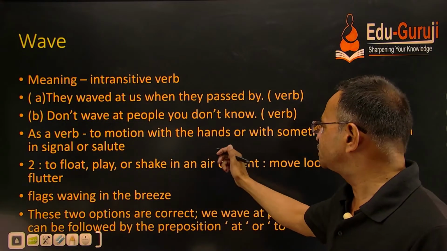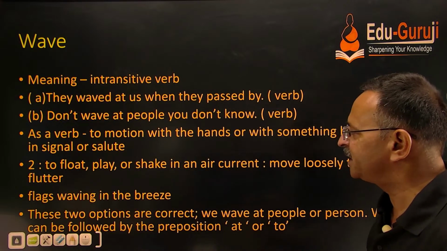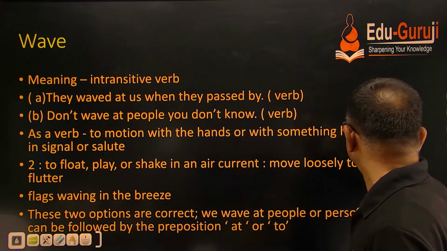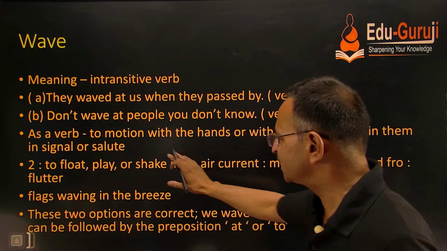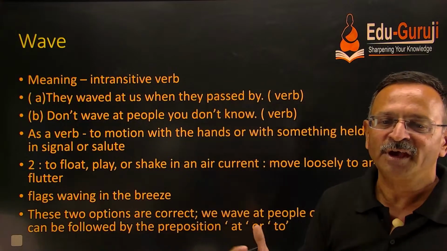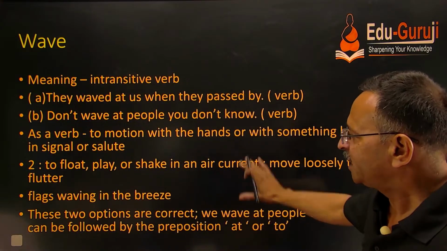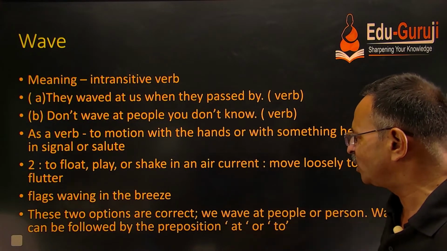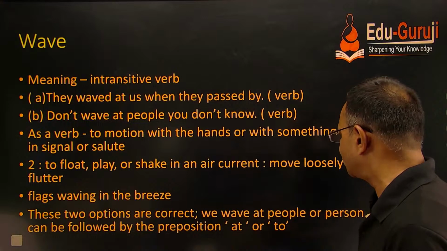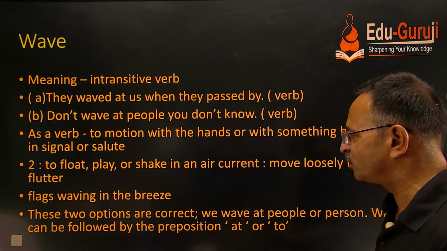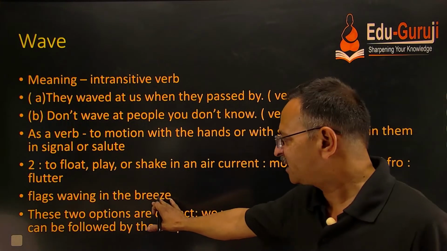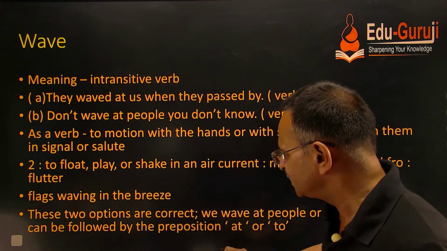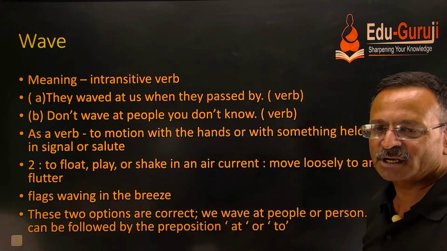It means to motion with hands or with something held in them, as a signal or salute. It's just like waving at someone, right? Both these sentences would mean that. Then the second meaning is to float, play or shake in an air current, to move loosely to and fro. So we can see flags waving in the breeze, and those two options are correct.